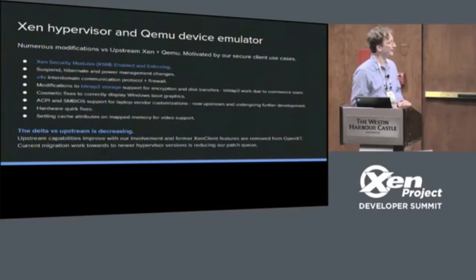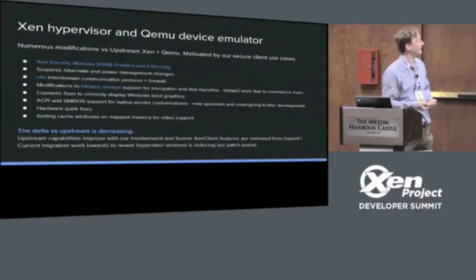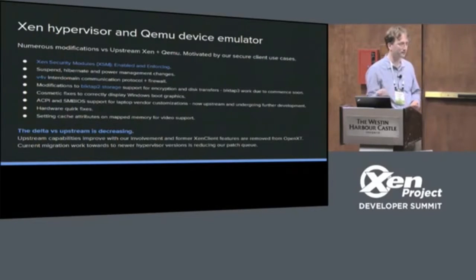Support for suspend, hibernate, and power management changes that we encounter when we do testing on a laptop may need some tweaking versus the version of Xen that we're currently using. We've got some patches that introduce the V4V interdomain communication protocol. I'll come to that later in the slide deck.